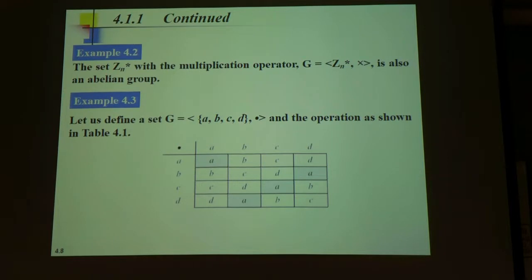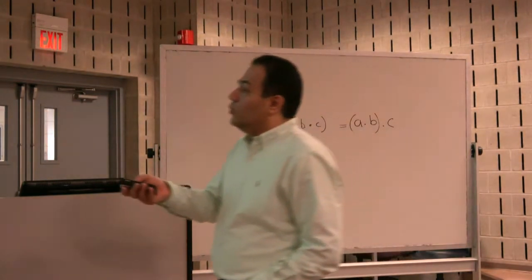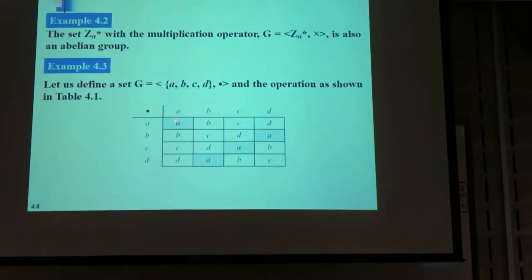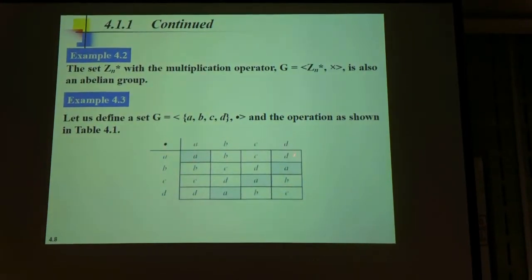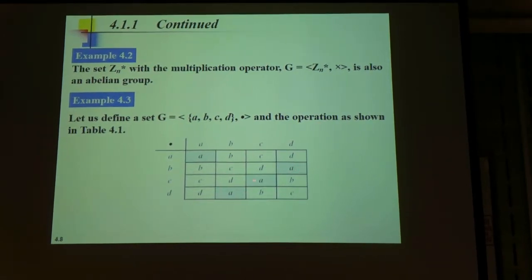Okay, how about the inverse? What does inverse mean? If you multiply the element with its inverse, it will give you the identity. So in here, what is the inverse of A? A, because A multiplied with A gave you A. What is the inverse of D? It is B, so B multiplied with D gave you A. What is the inverse of C?